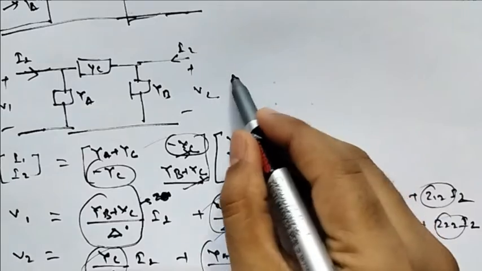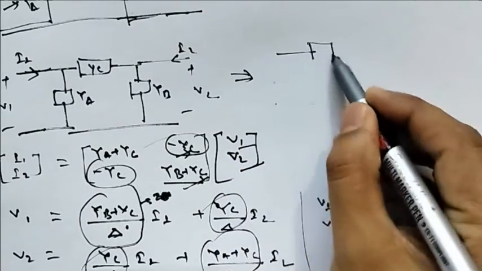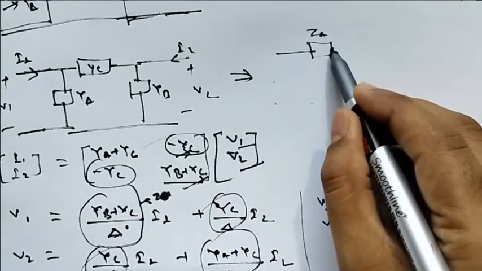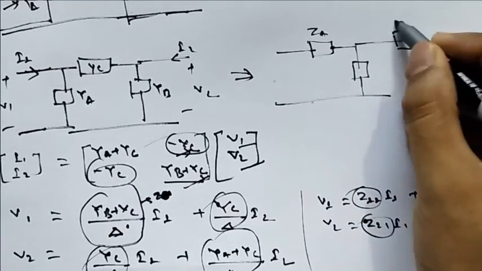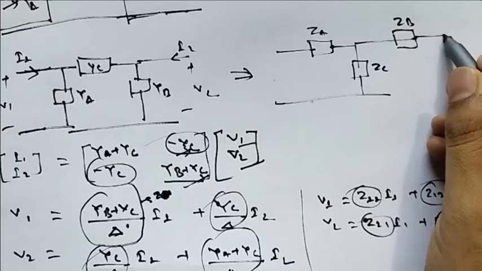Now if you want to get this pi into T form, za, this is zc, and this is your zb.